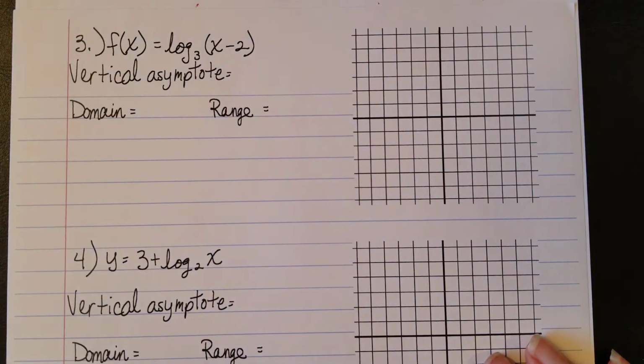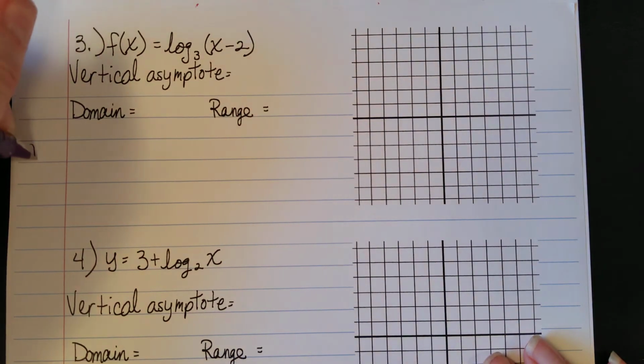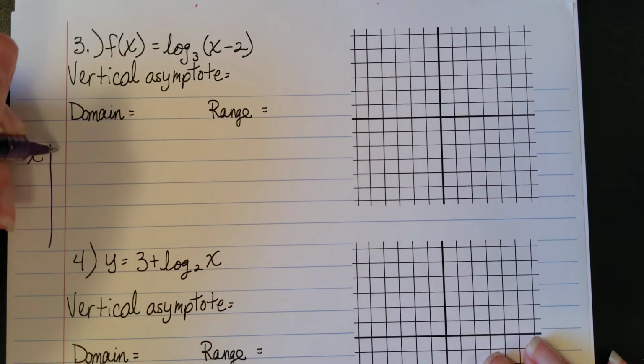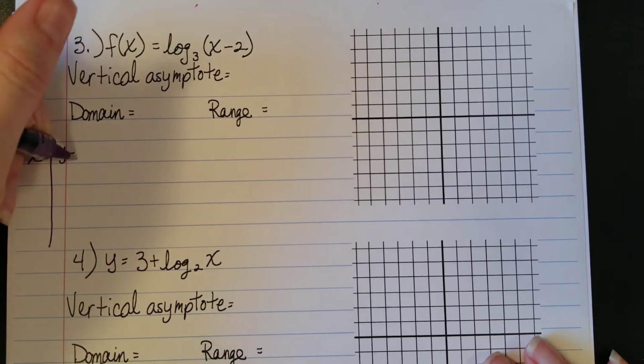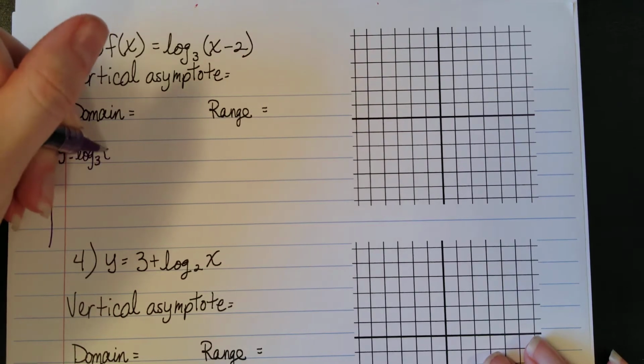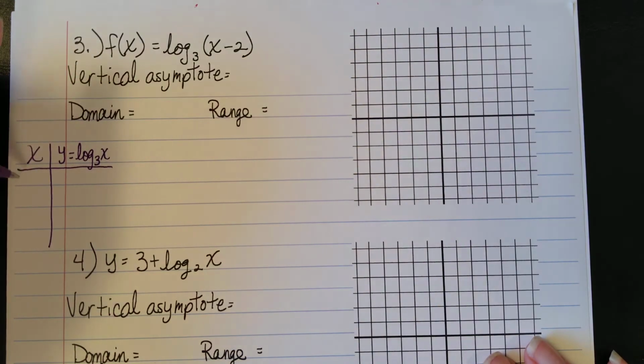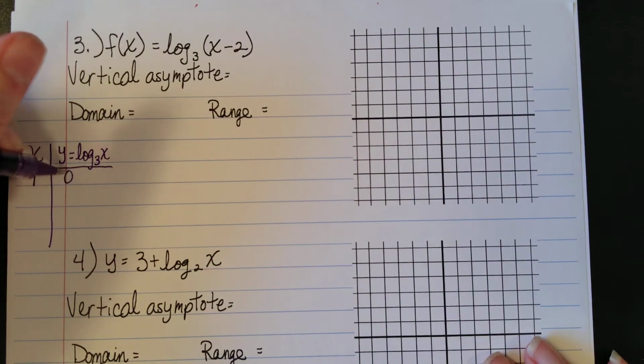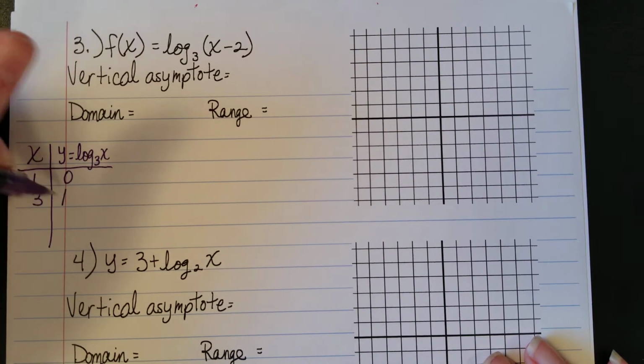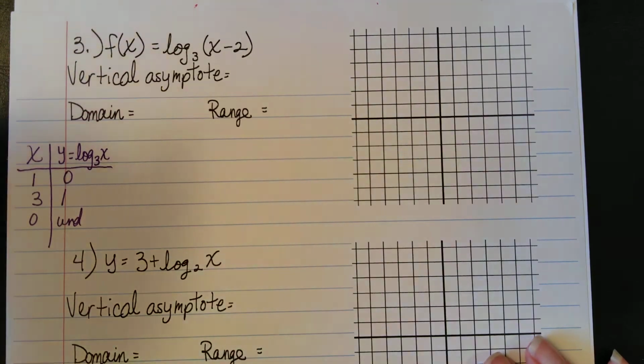Let's think of log base 3 of x as the parent function. The table for that would be 1, 0, 3, 1, and 0 undefined. I'm not going to worry about the fraction. And then we're going to add 2 to the x's.